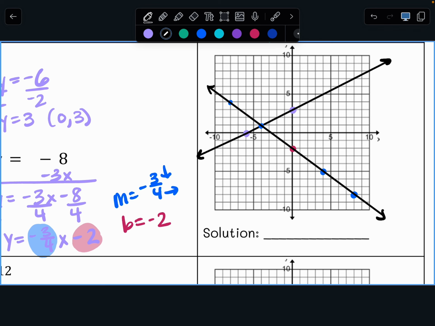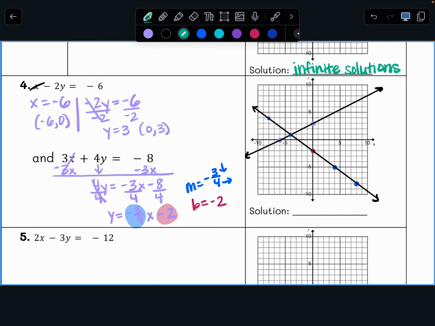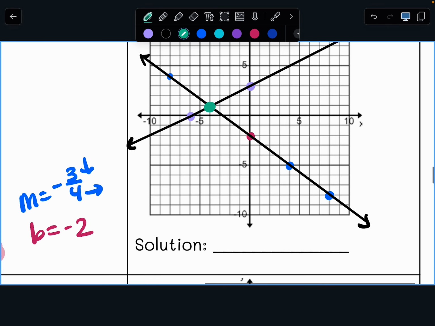Okay, so these lines do intersect, and the solution is negative 4, 1.